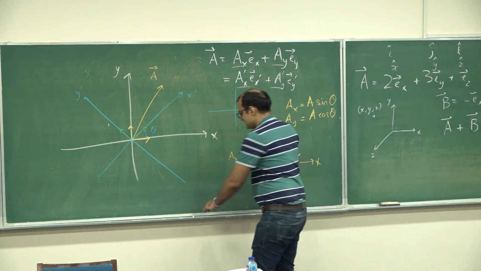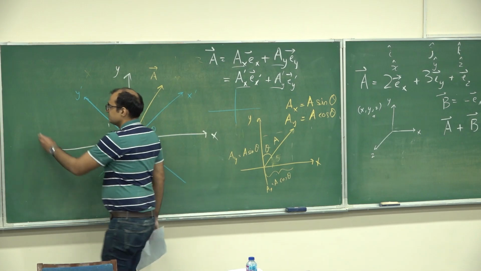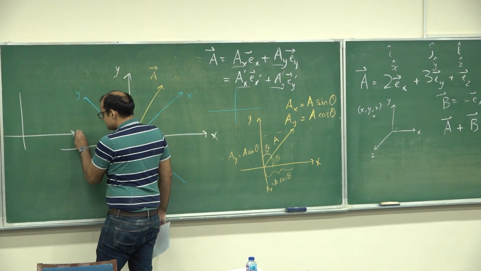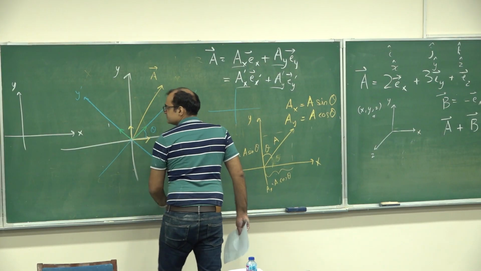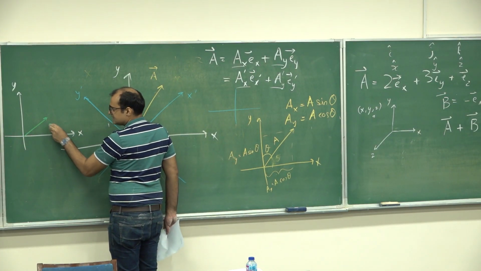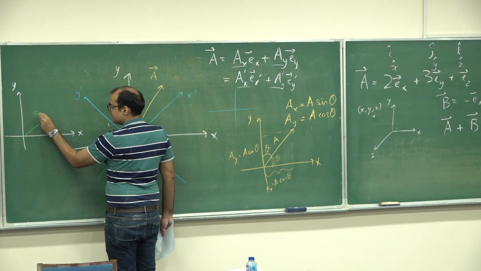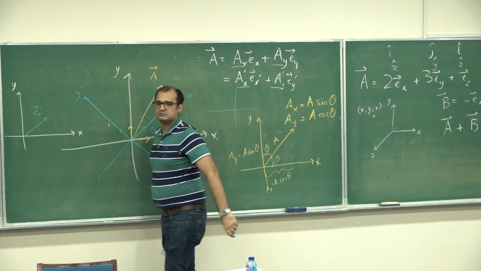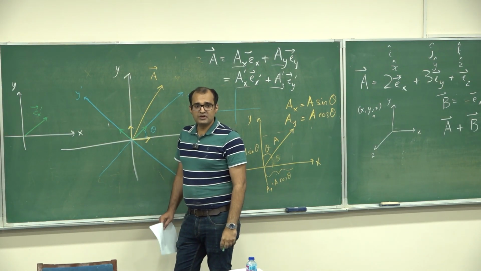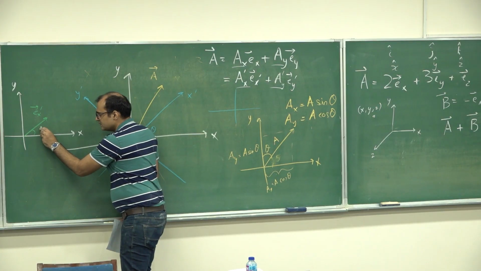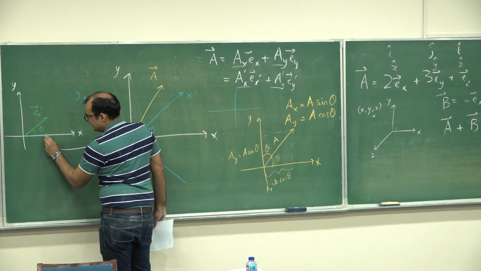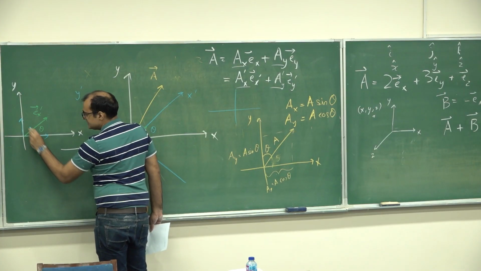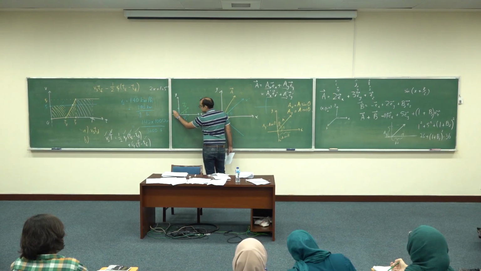Now that was fully general. Now I have the x-axis and y-axis. Just focus on this green arrow. This green arrow is Ex prime, and this angle is theta. My objective is to write this Ex prime in terms of Ex and Ey. This is Ex, this is Ey.